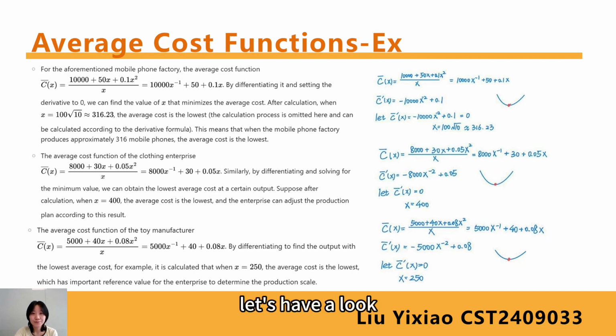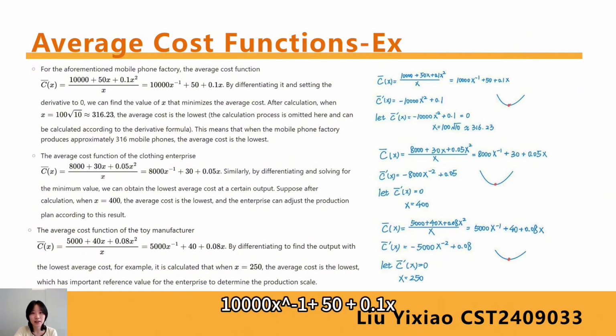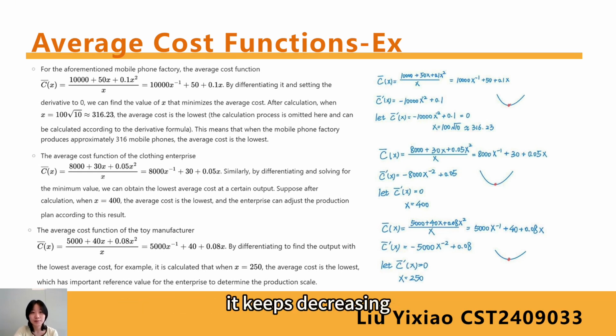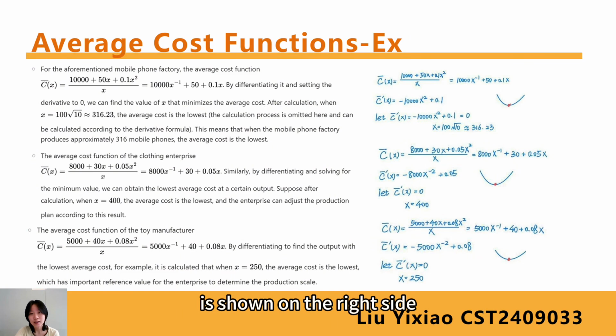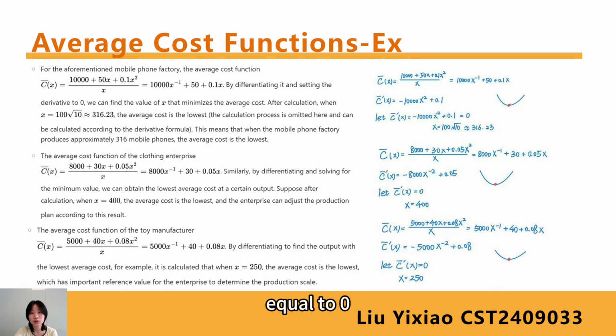Let's have a look. In the first example, the average cost function equals 10,000x to the power of negative 1 plus 50 plus 1/10 x. We take the derivative of this, and the graph of the average cost function is shown on the right side, where it reaches its lowest point when the derivative of the average cost function is equal to 0.